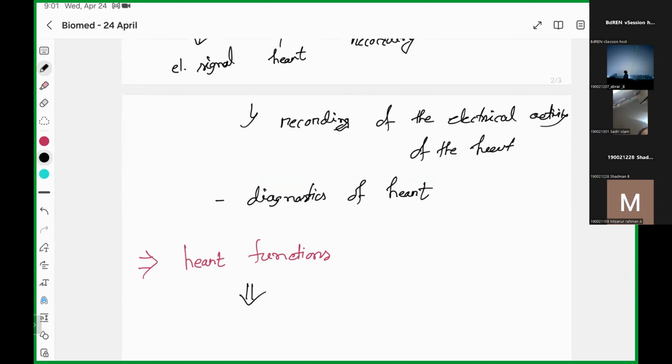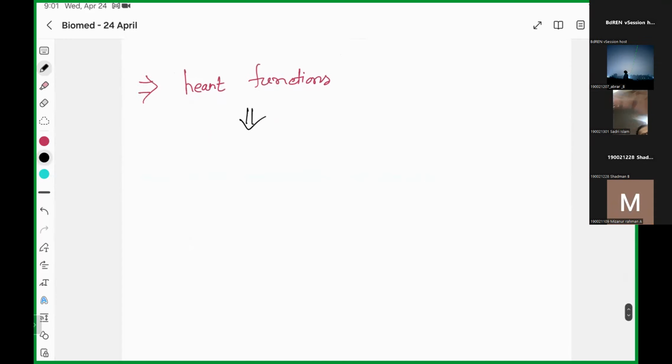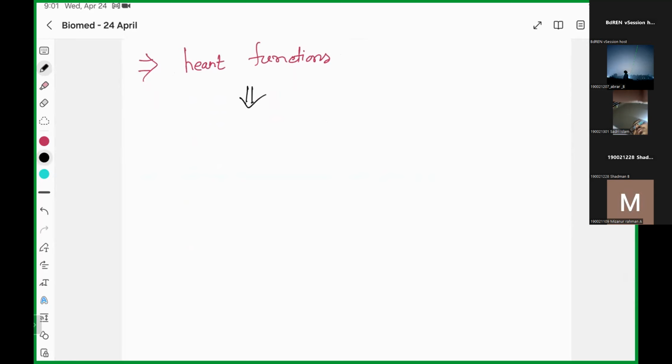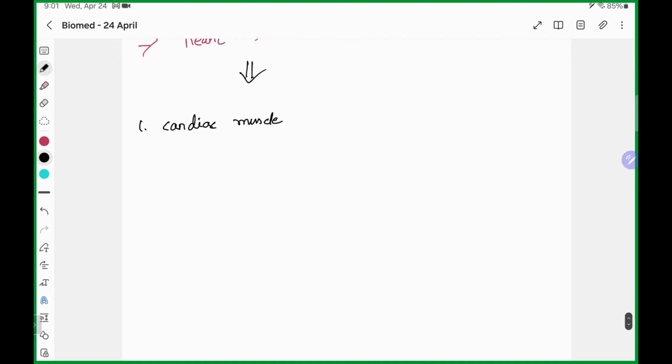Since this is happening, it will be easier for you to understand. Now, let's try to understand the different parts of the heart. First, you have the cardiac muscle. The cardiac muscle is responsible for circulating blood through the body.